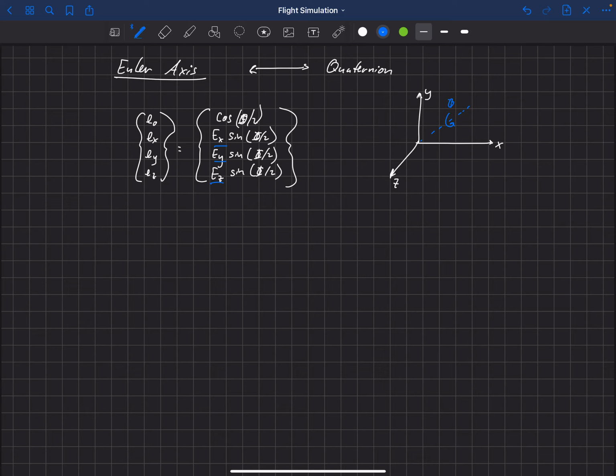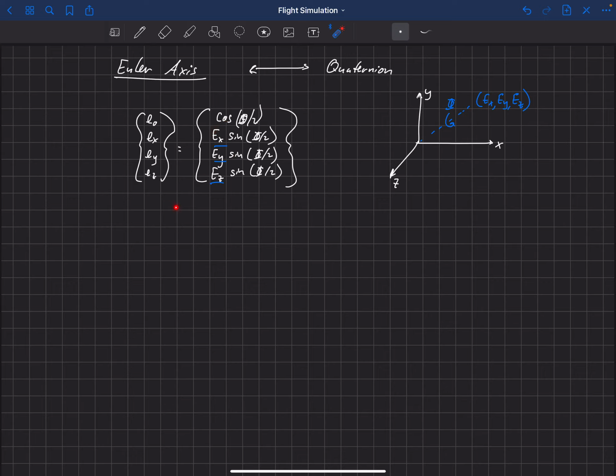So that's theta, and then we've got this Ex, Ey, and Ez. Okay, so this is the Euler axis definition that we then used this change of variables defined here to come up with a quaternion definition where we have a scalar and then 3 components that are vector components within that quaternion.